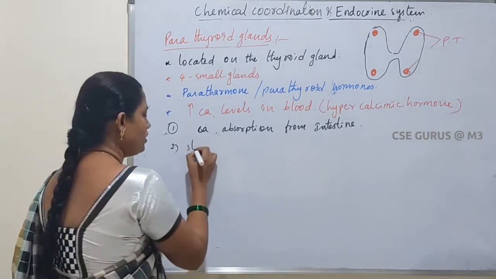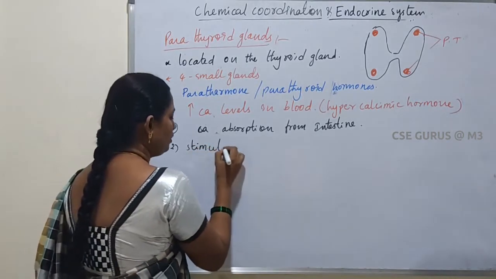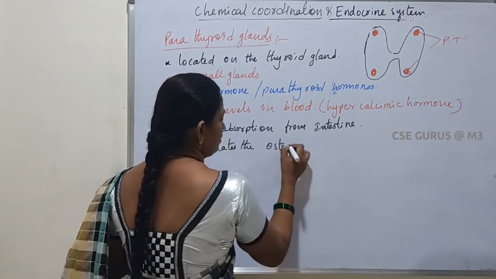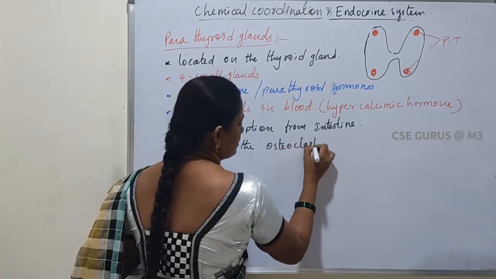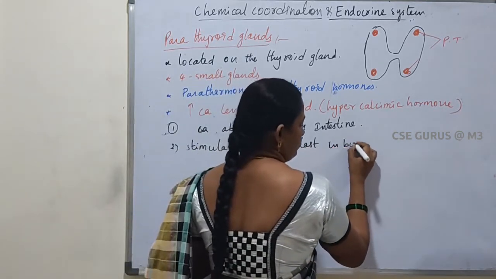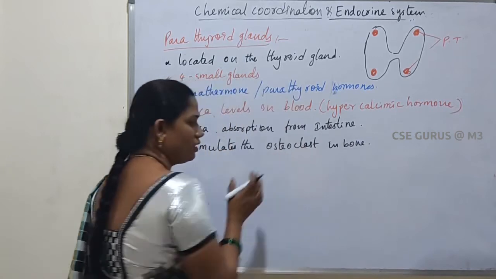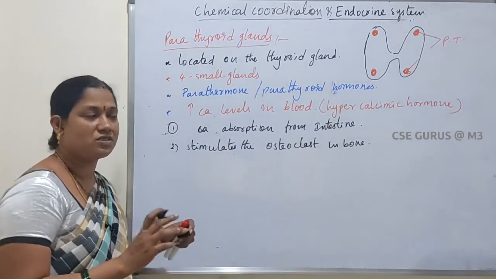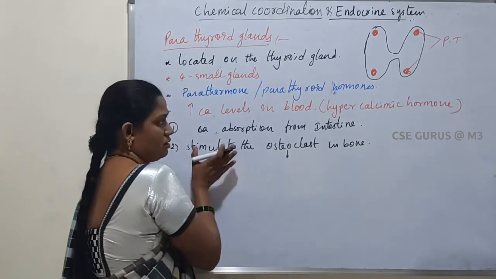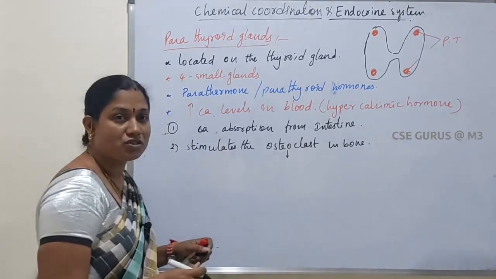Next, it stimulates the osteoclast in bone. Osteoclasts are one type of cells present in the bone. This hormone stimulates the osteoclast.